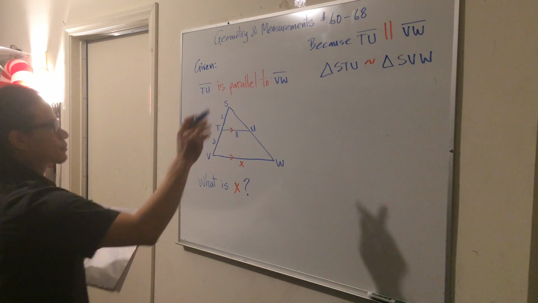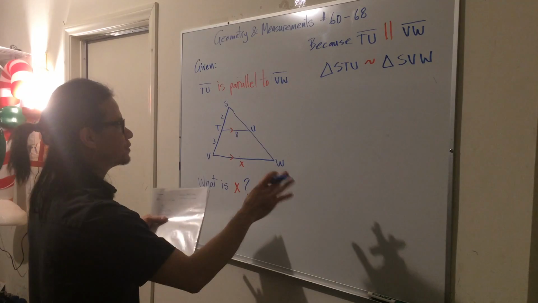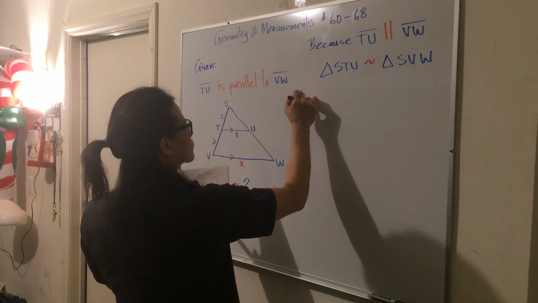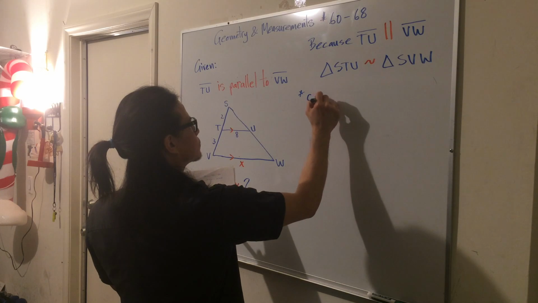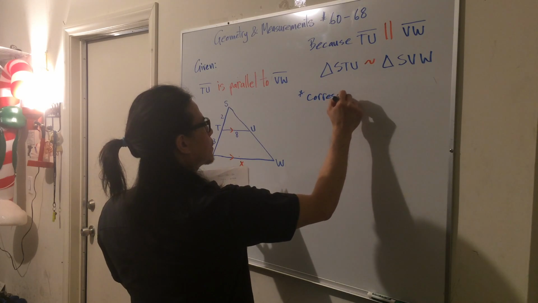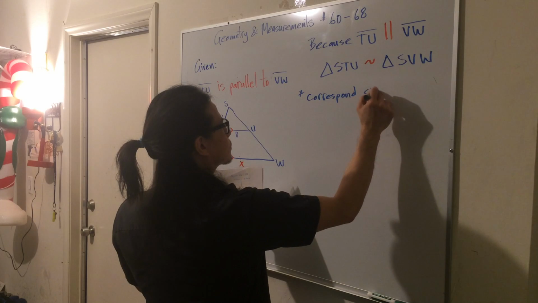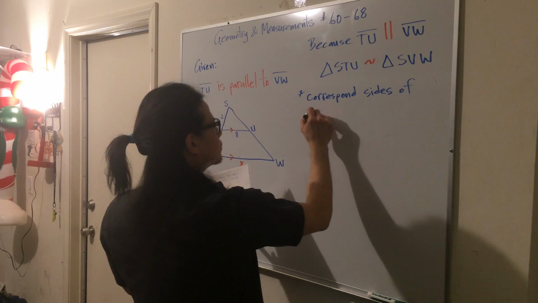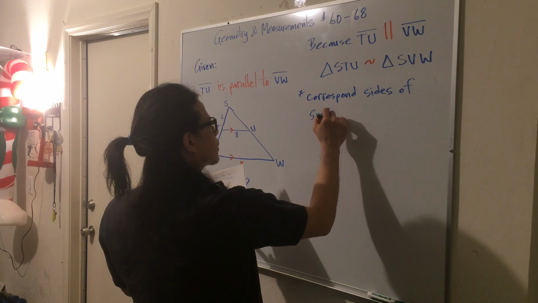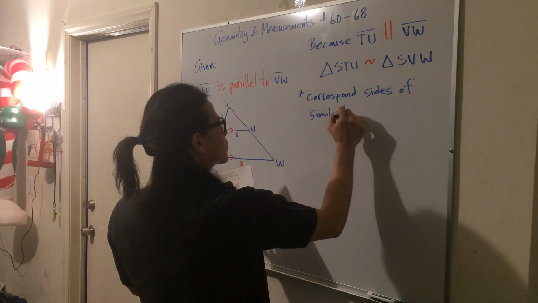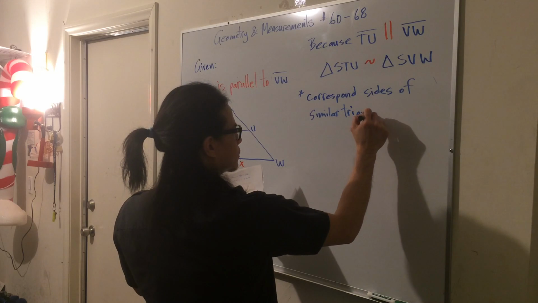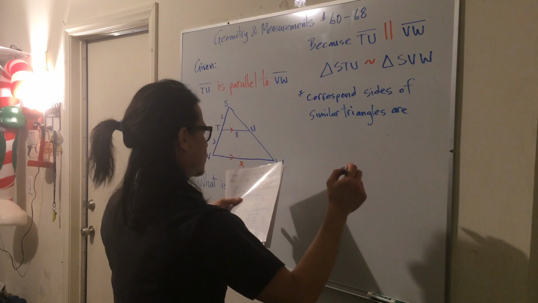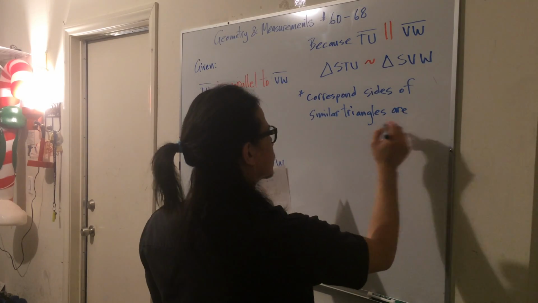Okay, so this will enable us to use proportion. So let's make note that corresponding sides of similar triangles are proportional.